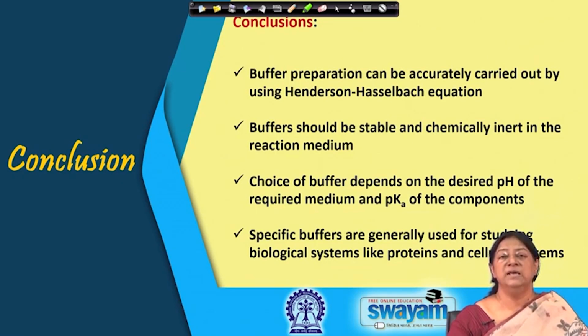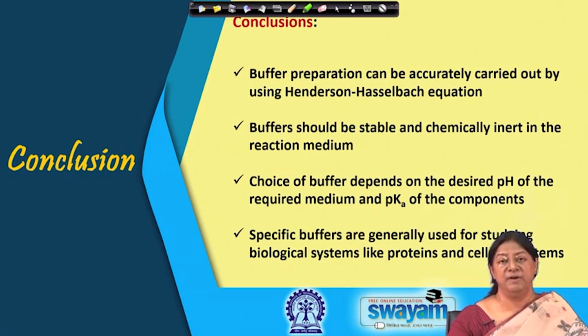When we are considering enzymes, proteins or amino acids, they have a high interaction probability with the components present in solution because of the different moieties present. So, it is extremely important that this is taken care of.